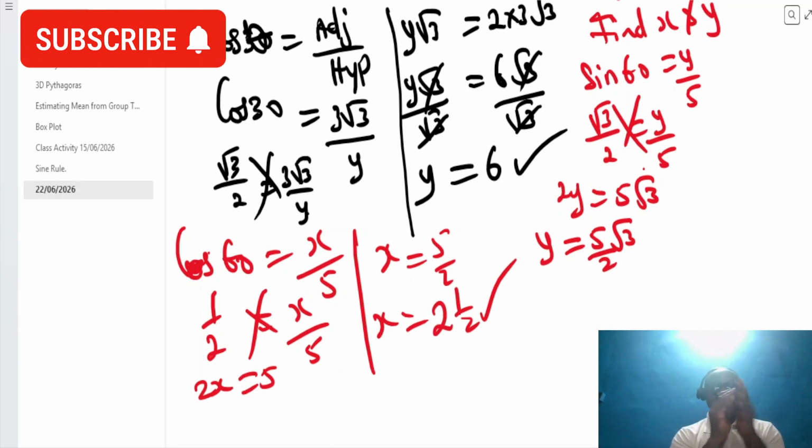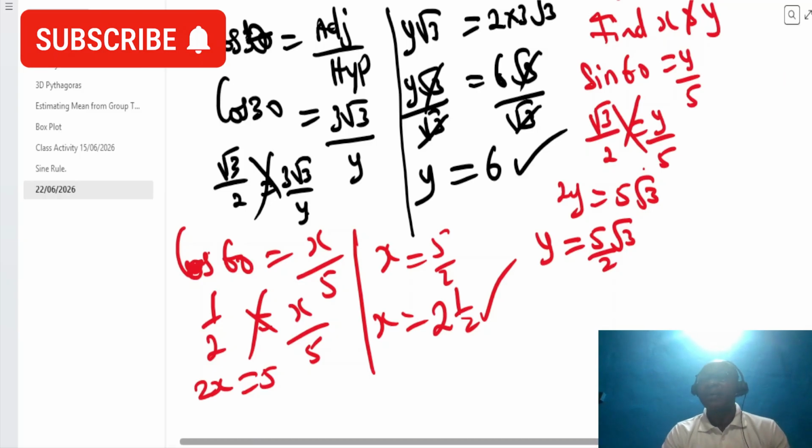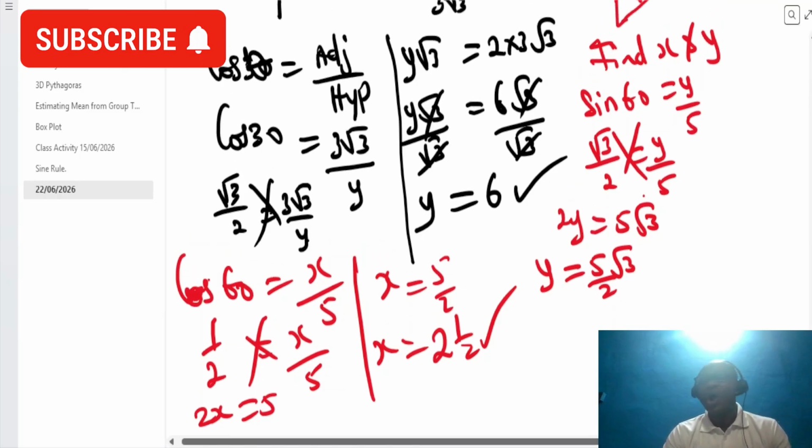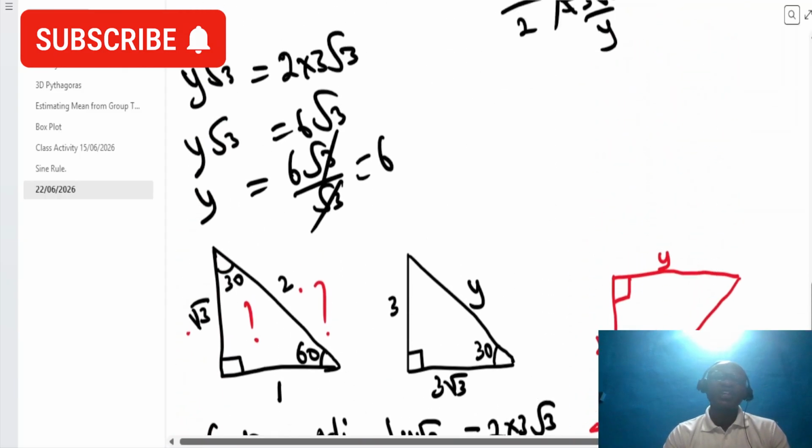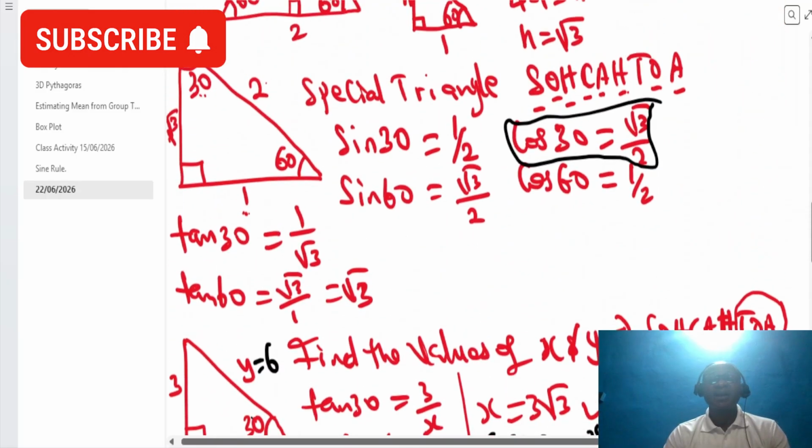Yeah. All right. So the topic of tonight is understanding special triangles and their application. How to use special triangles. And our concentration is on angles 60 and 30. Look at the questions we have here.